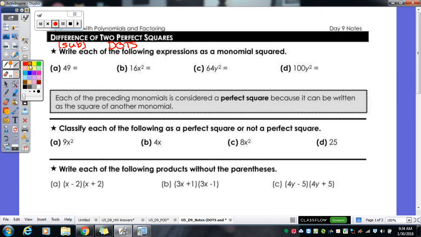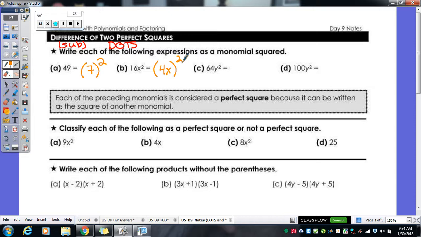So they want us to first write each expression as a monomial squared. So for 49, that would be 7 squared. 7's a monomial, one term, squared. How about for this next one? What do you think it would be? 4x, and then squared.